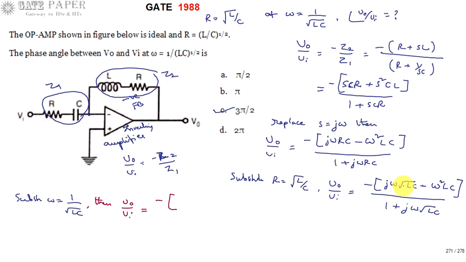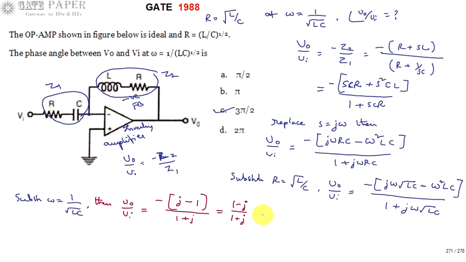With omega equal to 1 by root LC, the root LC cancels. So what you get is minus j minus 1 divided by 1 plus j, that is, minus of (j minus 1), which is 1 minus j, divided by 1 plus j.